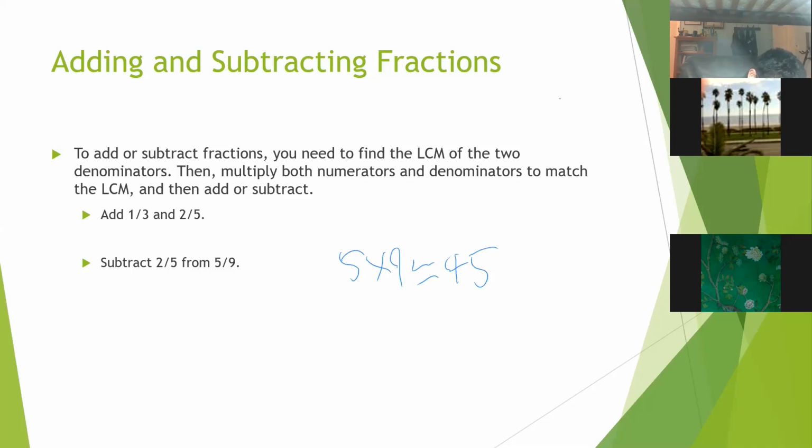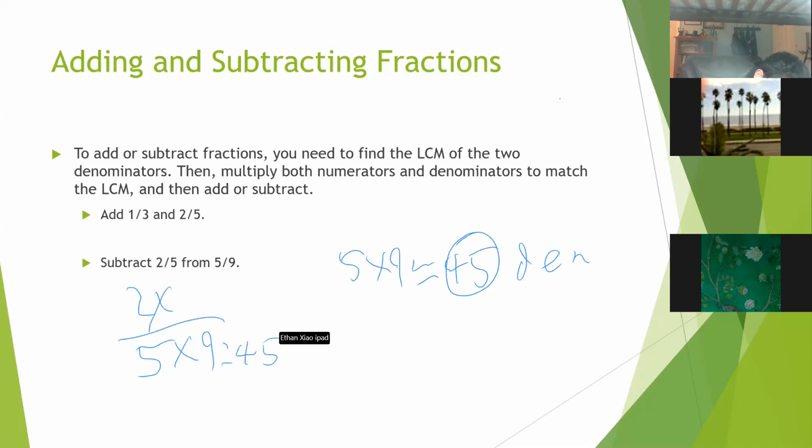So this is our new denominator. We have to multiply these two fractions in order to match up with the denominators. So 5 times 9 equals 45. So then we just do 2 times 9 as well. We have to multiply both sides of the fraction by the same number.